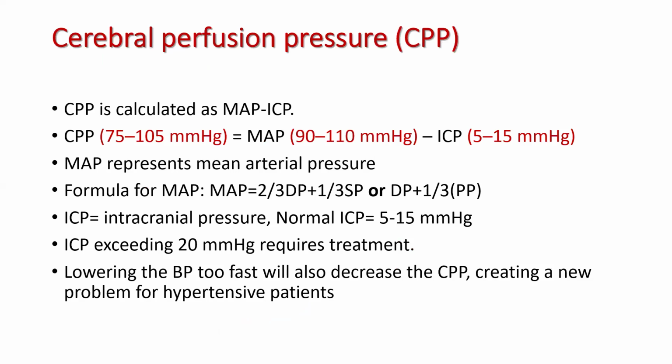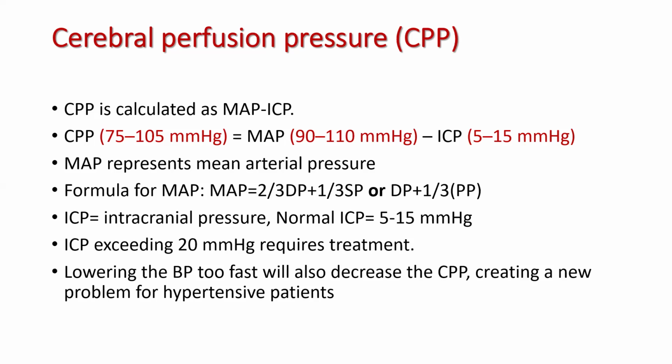This slide is talking about the cerebral perfusion pressure, which also relates to the pathophysiology, but we will talk about pathophysiology further on. The cerebral perfusion pressure is calculated as the mean arterial pressure minus intracranial pressure. We have to be aware of the normal ranges.